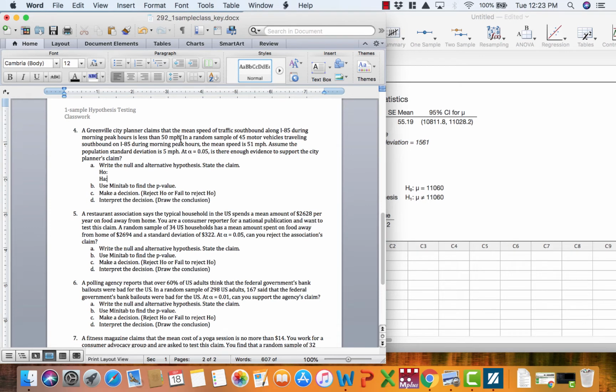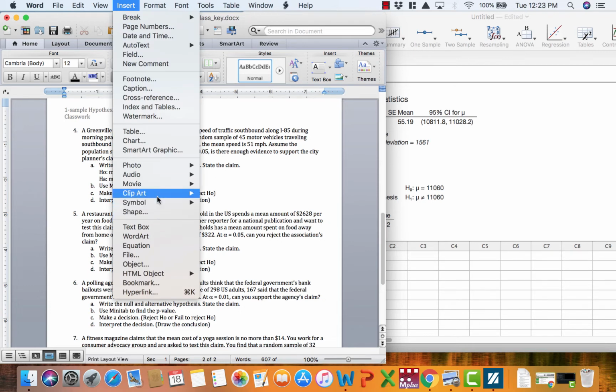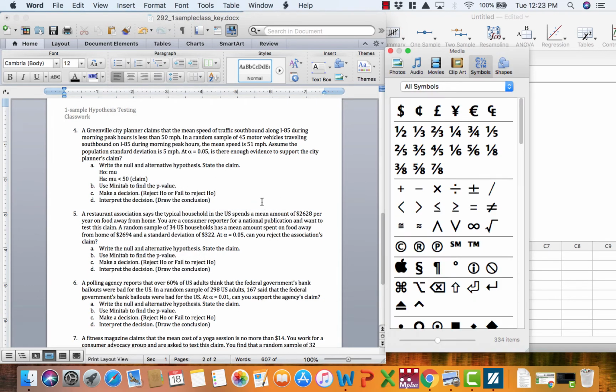All right, so we can think about what that's going to look like mathematically. That is a strict inequality, so what we're reading there is the alternative. So mu is less than 50, and that's the claim that we are reading. So that means that the null is mu greater than or equal to, so I'm going to need a symbol again.